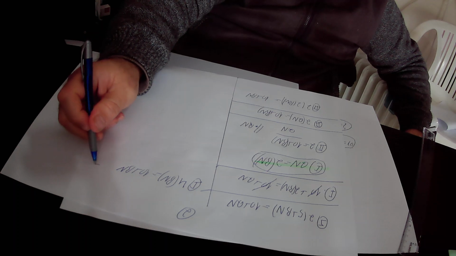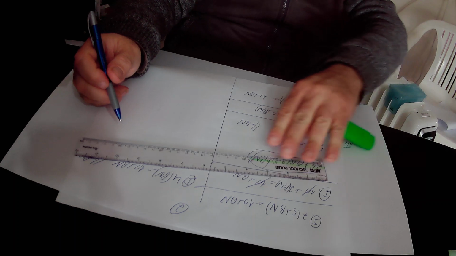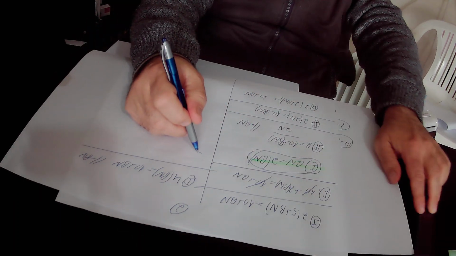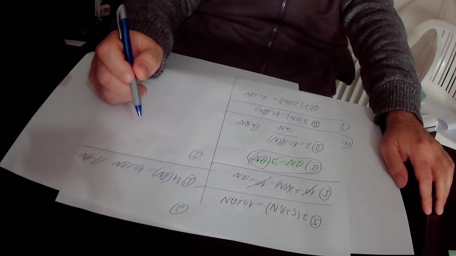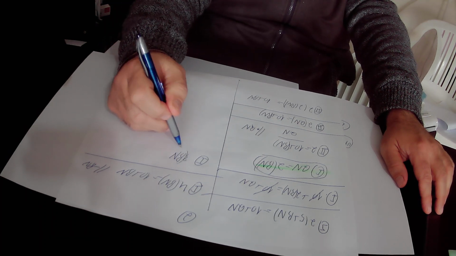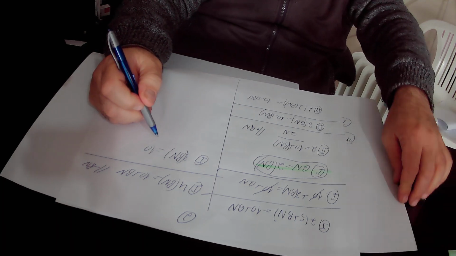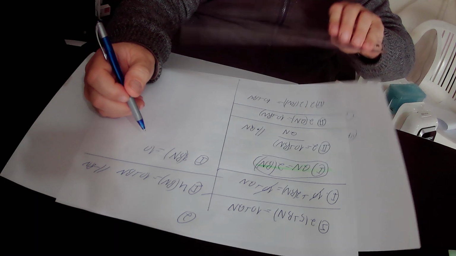Here we subtract Bn from this equation. We get that 4Bn minus Bn is 3Bn, that equals 10. So 3Bn equals 10.